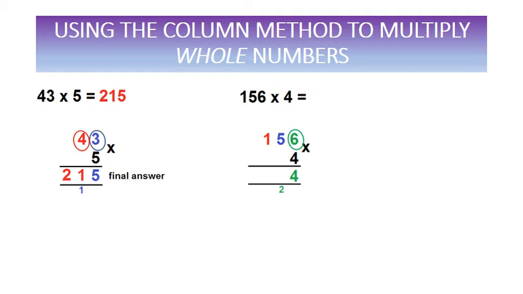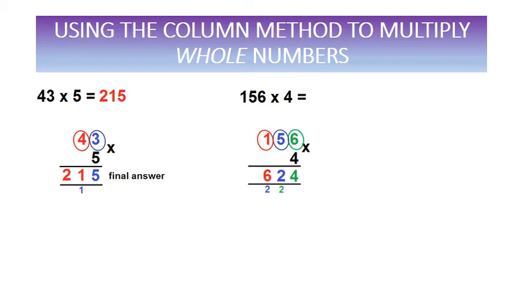Now I'm going to say what's 4 times 5. 4 5s are 20, and then I have to remember to add on my carry digit, so that's 22. And again, I'm going to have to carry the 20 across. And now I've got to do 4 times 1, which is 4, plus the carry 2 from the 22, which is 6.